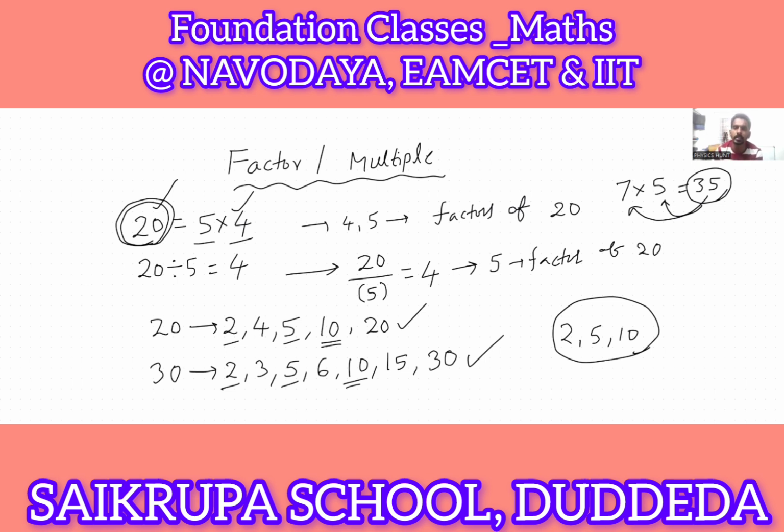Then you can say that that number is a multiple of those two numbers. Now 9 into 4 is 36. Then 36 is a multiple of 9 and 4. Like that. The concept of factor and multiple is very simple. You can understand very easily.